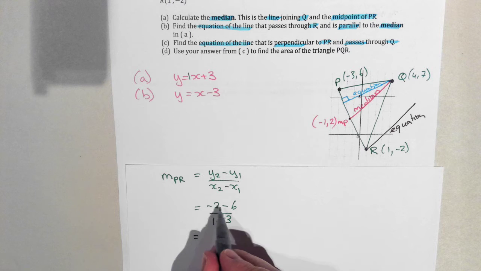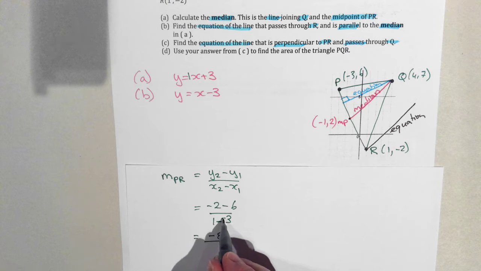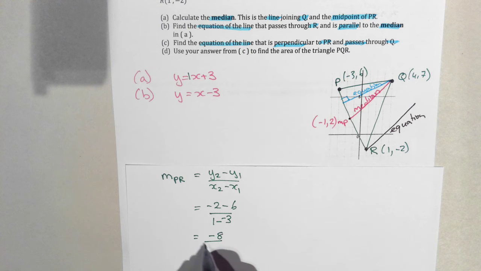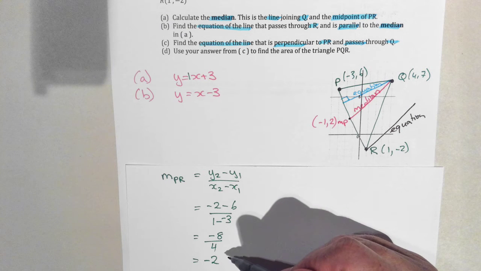That becomes negative 2 take away 6, which gives us negative 8, over 1 take away negative 3, which becomes adding, so 1 plus 3 is 4. Negative 8 over 4 simplifies to negative 2. So that tells me that the gradient of the line PR is negative 2.